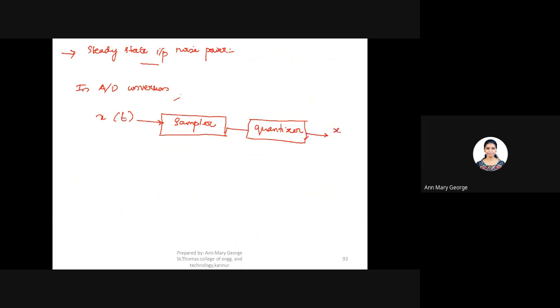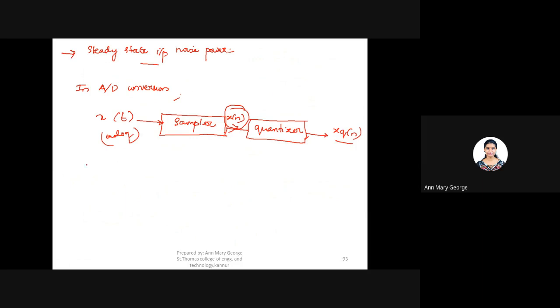We can get the xq of n. The input will be analog in nature. For the analog signal, after sampling we will get x of n, and hence this x of n is quantized to get the final digital value as xq of n.